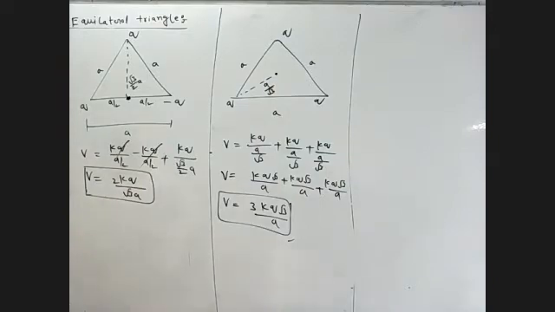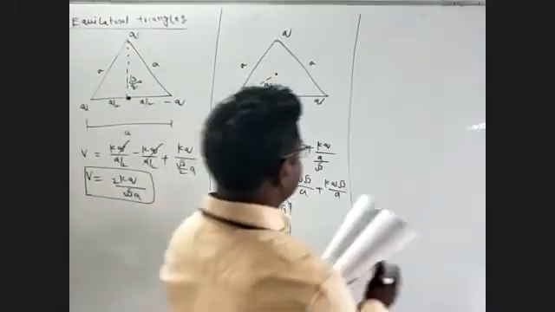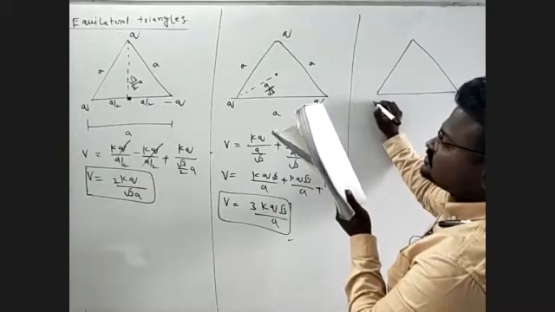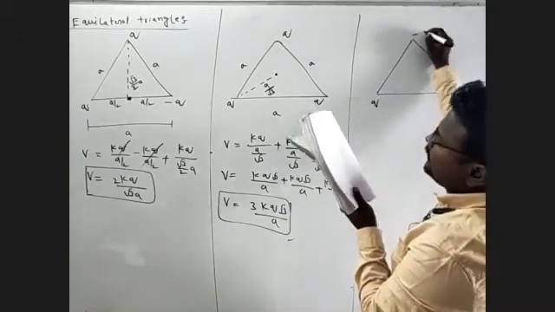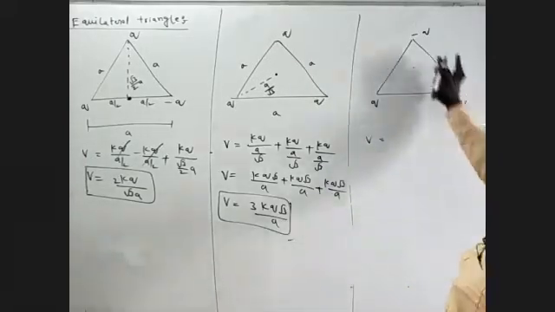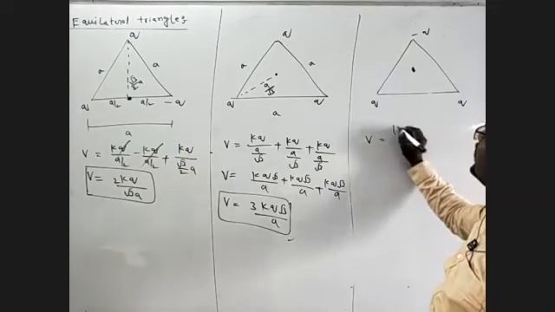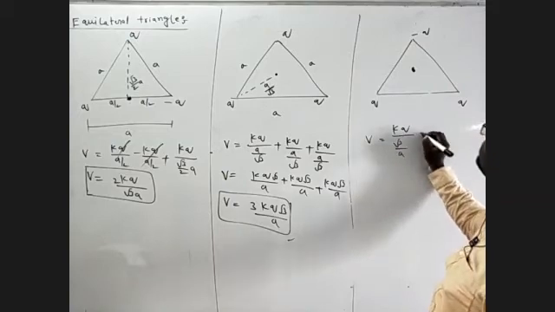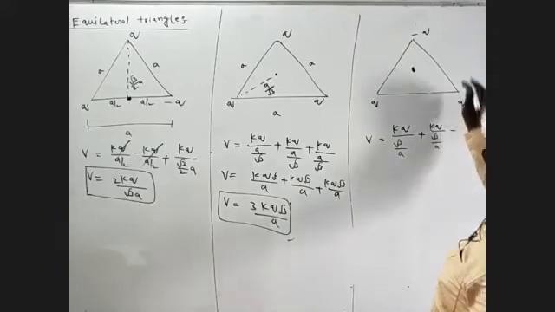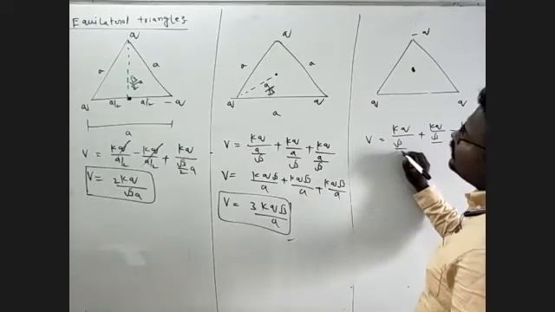Your answer is clear. Now next one. So that is one model. This is the next one: plus Q, minus Q. Electric potential at the center point. This is minus Q. At this point we have to calculate the electric potential: kQ root 3 by a minus kQ root 3 by a.